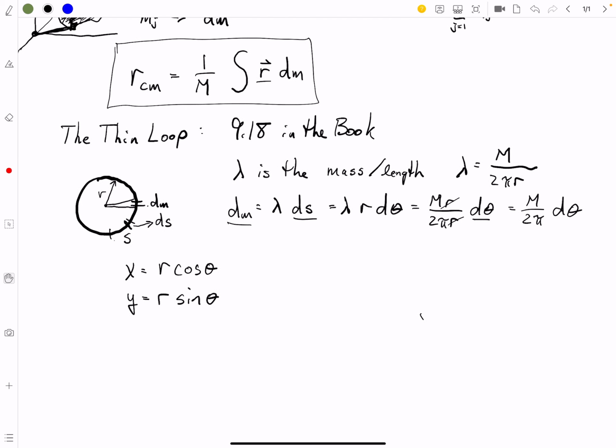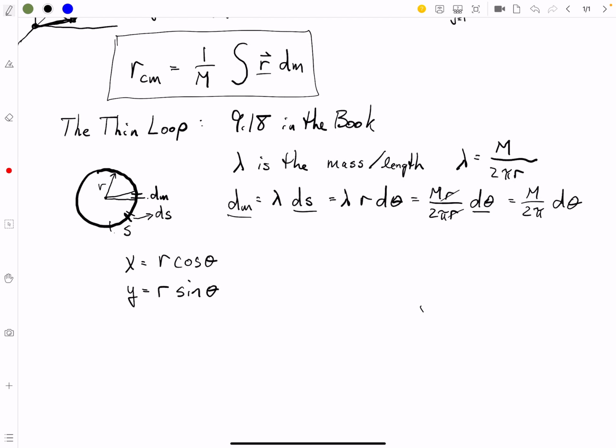Okay, so we can now start working with our equation that we have up top, boxed in there. Follow me. R_CM equals 1 over M, but we're going to do the integral. Now, we have two different directions. We have this in the i hat direction and this in the j hat direction.